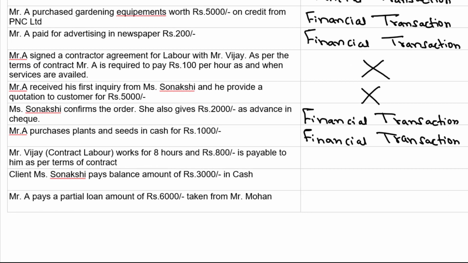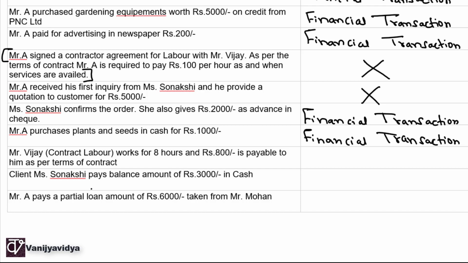Mr. Vijay, contract labourer, works for 8 hours and rupees 800 is payable to him as per the terms of the contract. Okay, so here is Mr. Vijay. We have seen in our earlier example, in this transaction, that Mr. A has signed a contract with Mr. Vijay for payment of rupees 100 per hour as and when the services are availed.